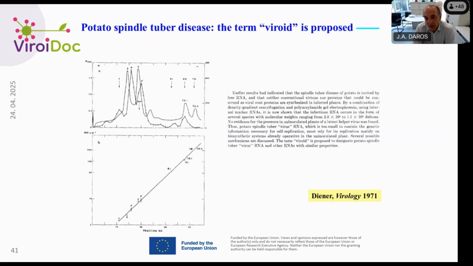Diener was studying this, as I have said, in the late 60s and early 70s, and he found that the properties of the causal agent of the disease were completely unexpected and very different from viruses. And in a paper in 1971, he coined the term viroid because at that point, he was convinced that a regular virus was not involved in the transmission of this disease.